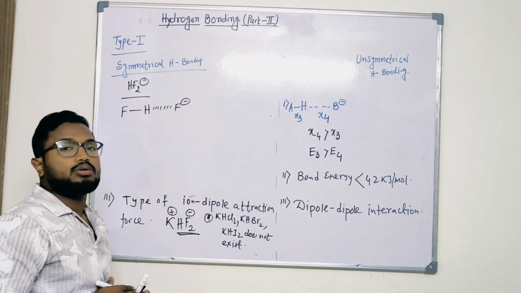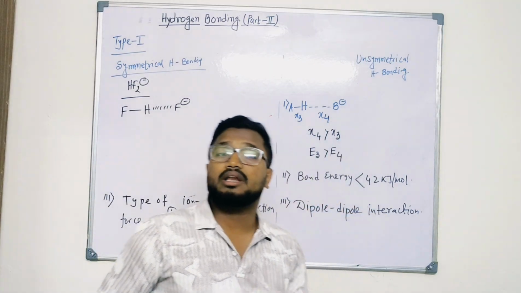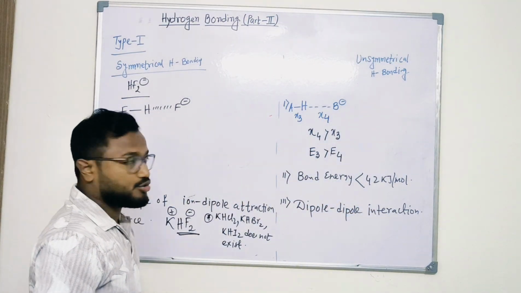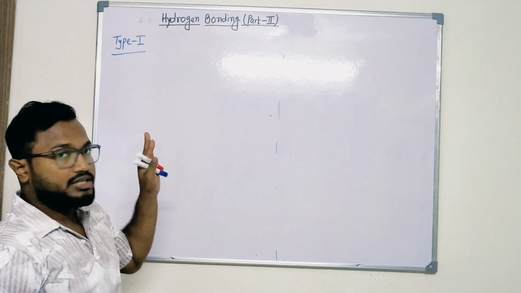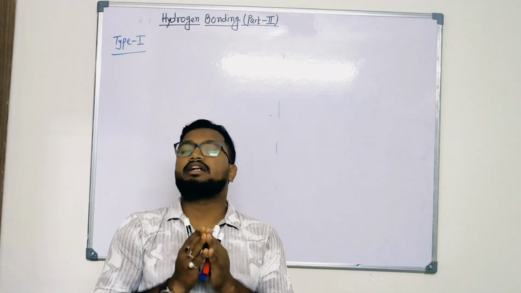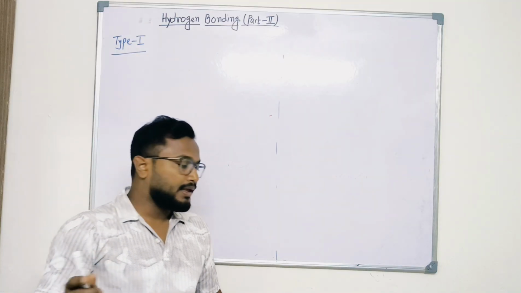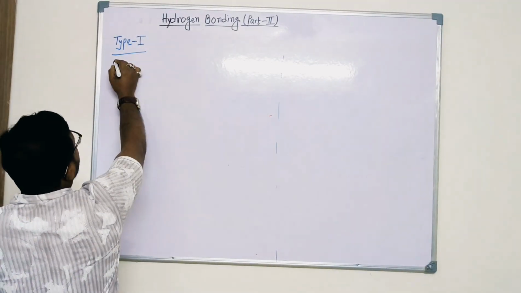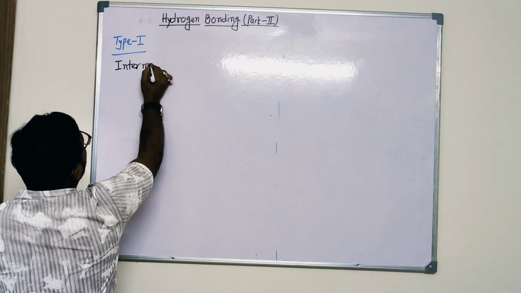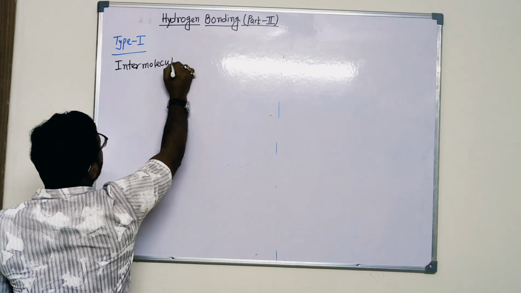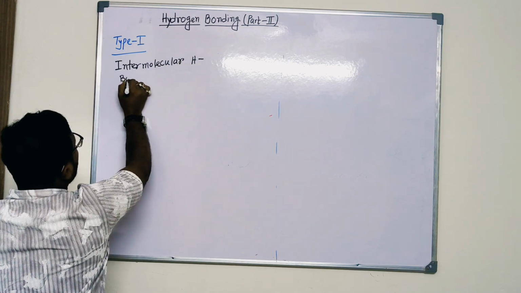Next we are going to type 2 of hydrogen bonding. There we are going to discuss intermolecular and intramolecular hydrogen bonding. In the second part we are going to discuss intermolecular and intramolecular hydrogen bonding. Let's check out what that is. First we are discussing intermolecular H bonding.